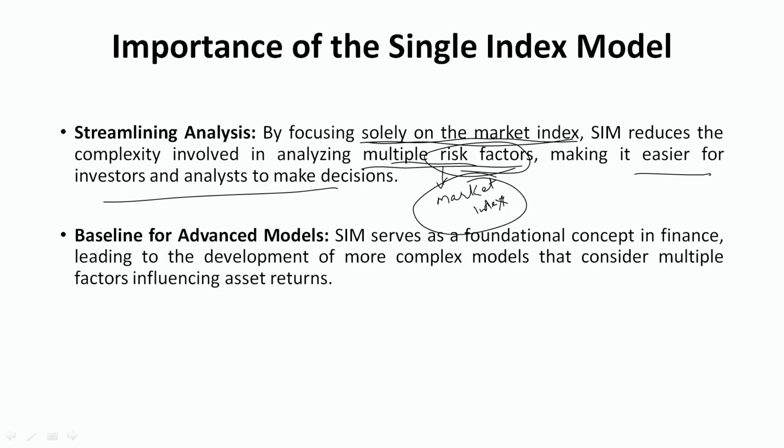And baseline for advanced model, it serves as a foundational concept in finance, as CAPM had done, and I can develop complex models considering multiple factors influencing asset returns. So the expansion is possible. So it's always better to have something simple, and I can make these things complex by including more and more factors into it.